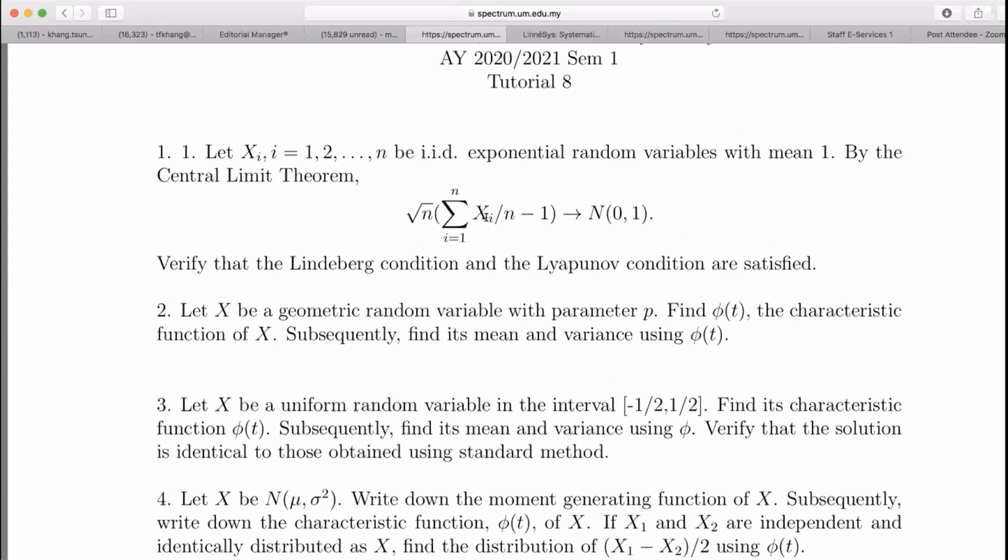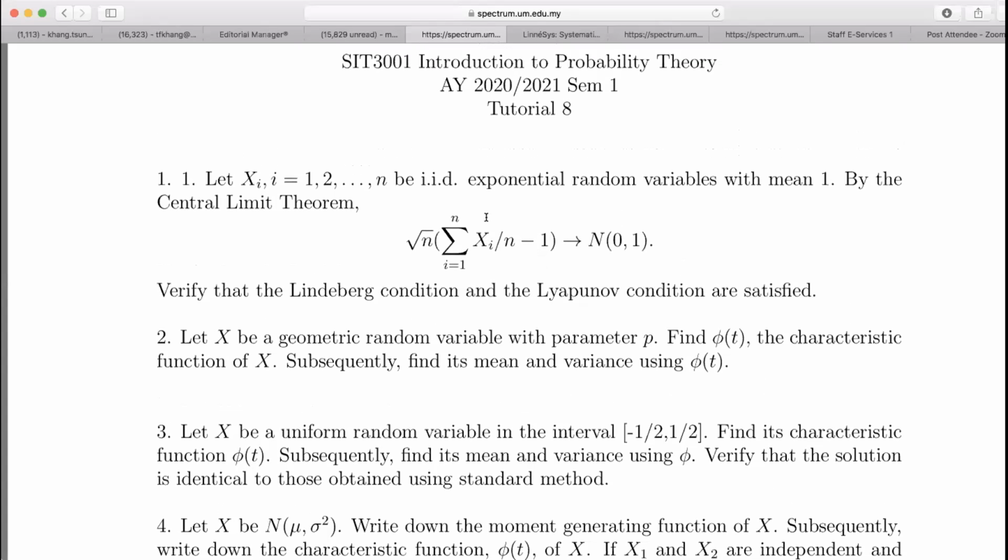Okay. So that's tutorial 7, and tutorial 8, the final one, has been posted. So let's take a look. Tutorial 8 in Spectrum. Okay, so this is tutorial 8 in Spectrum.